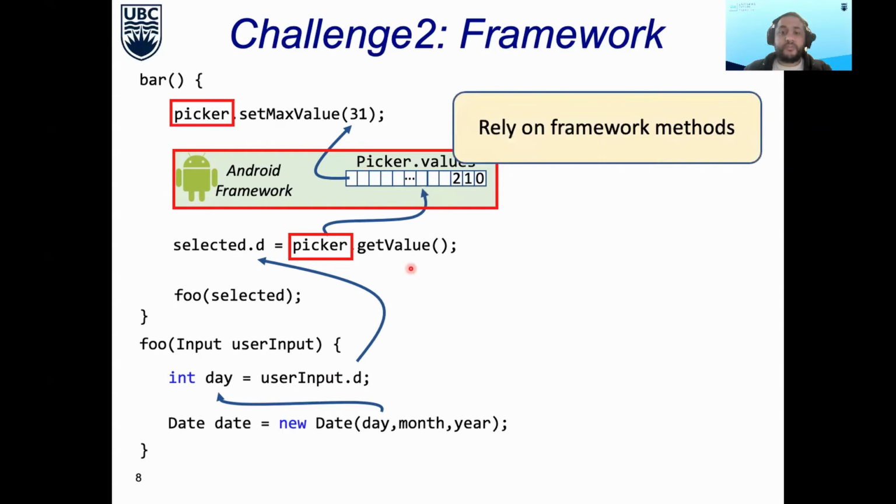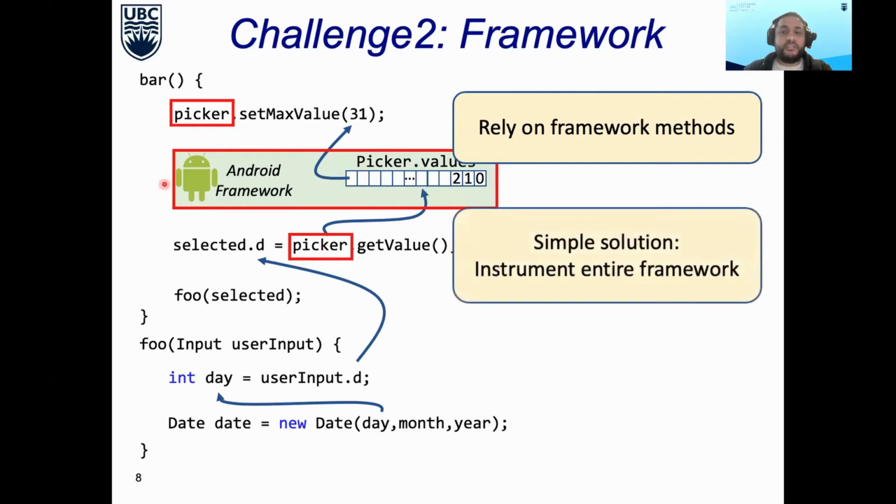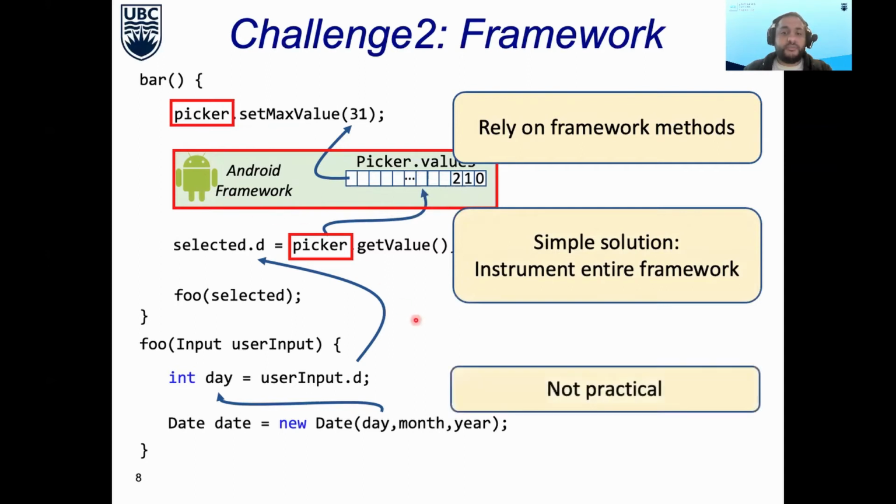Another Android-specific problem is that applications are not self-contained and they rely on Android framework methods. So we need to track data flows through framework methods. And this would require instrumenting the entire Android framework, which is not really practical.